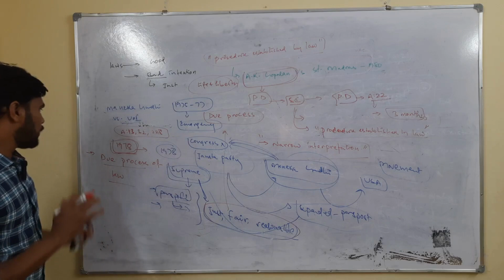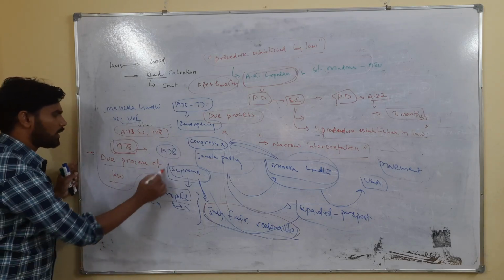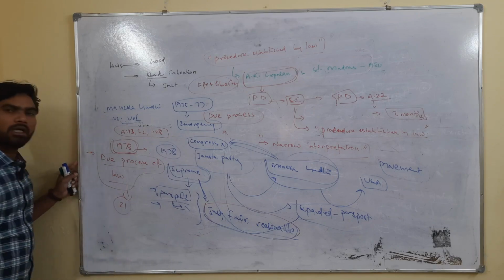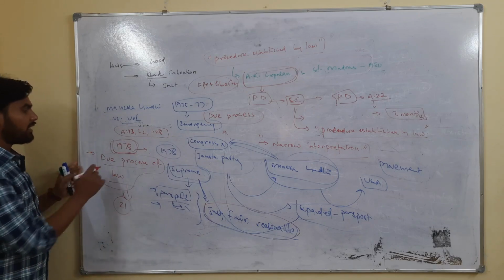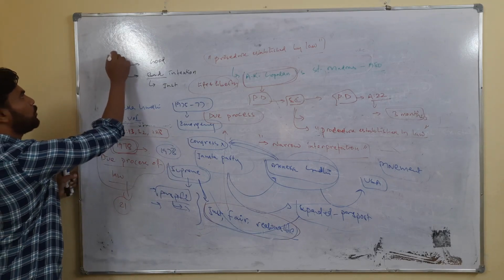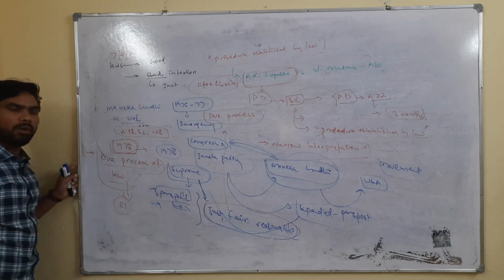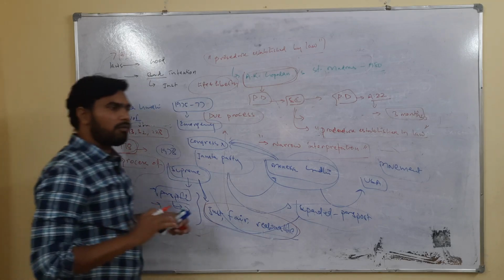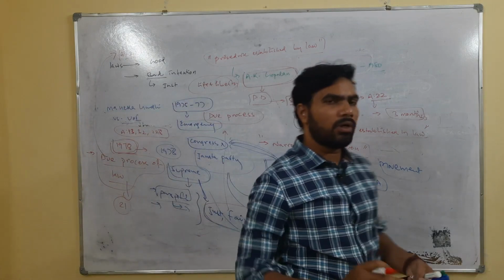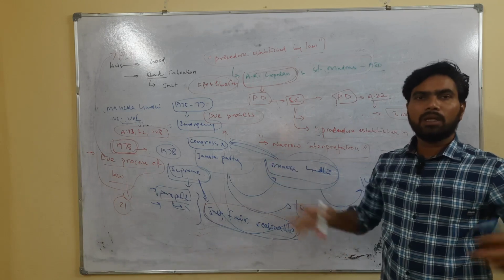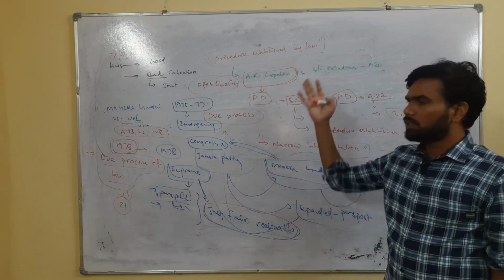So in this case, the Supreme Court started broadly interpreting Article 21. It invented the concept of due process of law in Article 21. From here onwards, the judiciary started interpreting the article very broadly, and after that you will see various judgments.